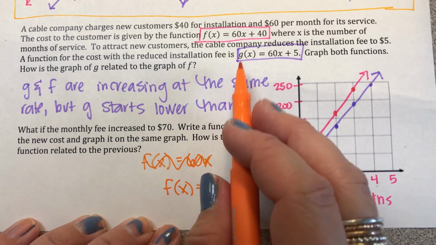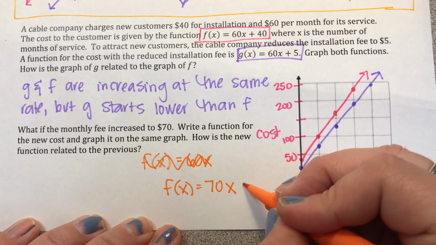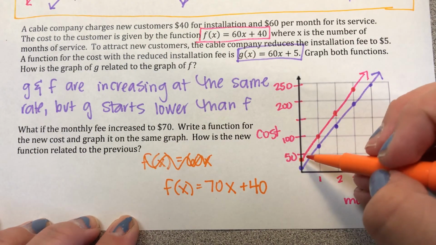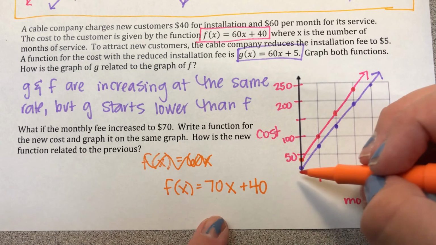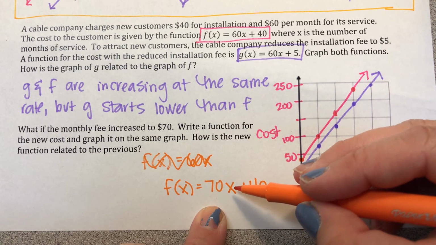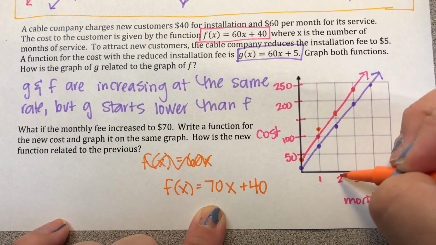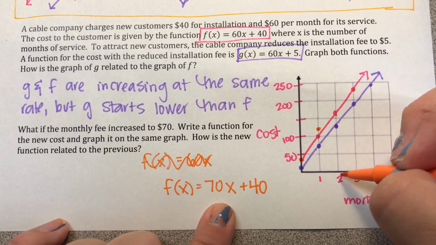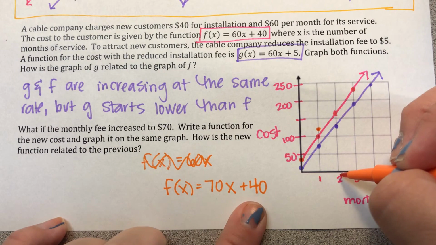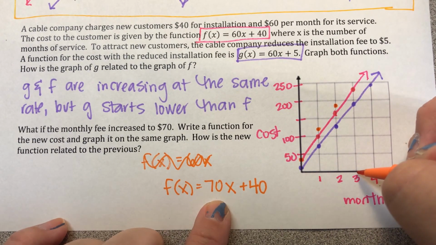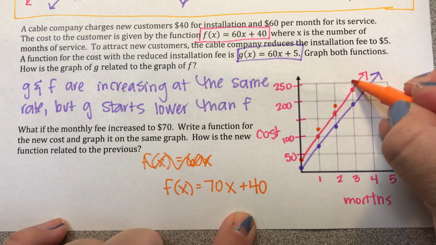It doesn't say anything, so we're going to say that it's still plus 40. So we're going to start it here at 40, but then after 1 month, we owe 70 times 1 is 70, plus 40 is 110. After 2 months, 70 times 2 is 140, plus 40 is 180. 70 times 3 is 210, plus 40 is 250.